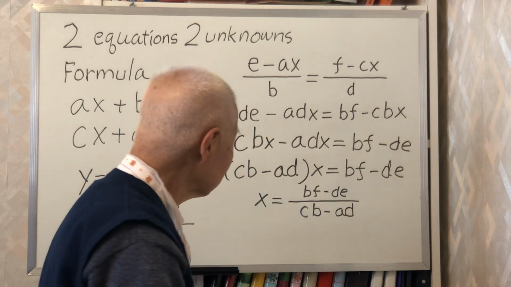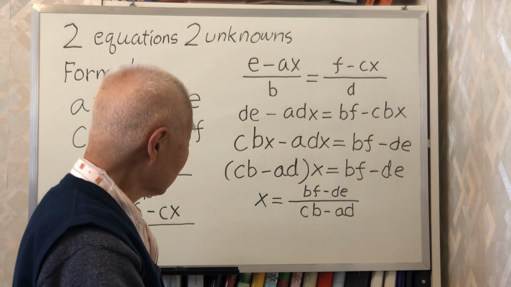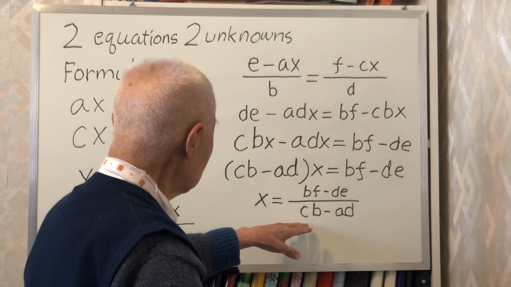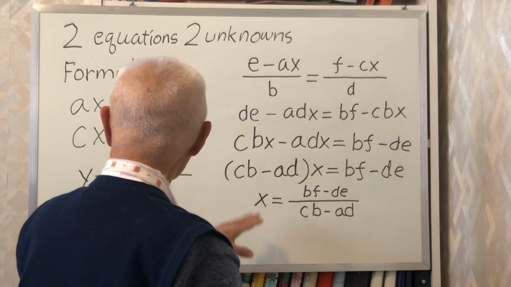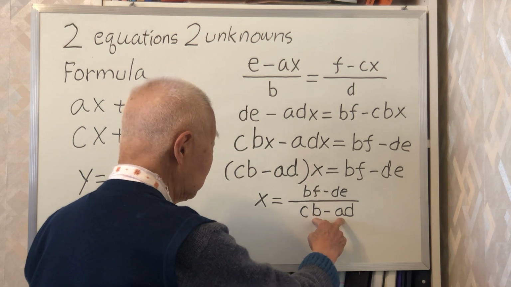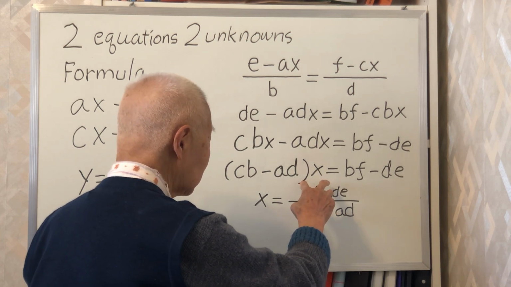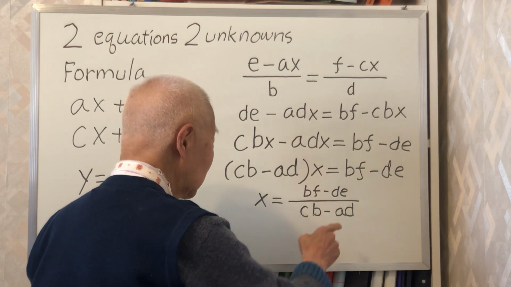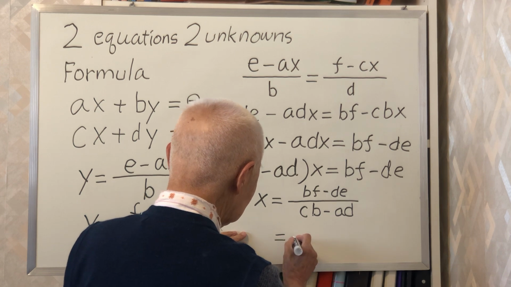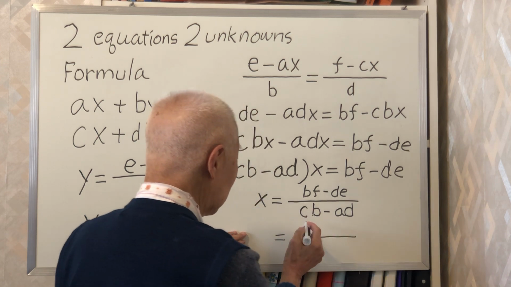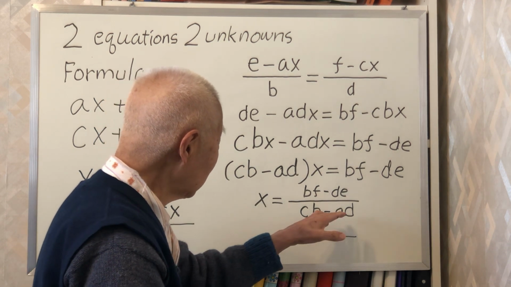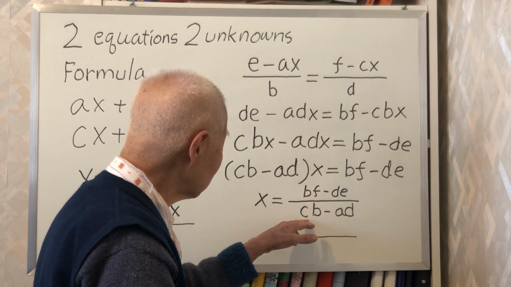Okay. So let me exchange the two terms here and exchange the two terms on top. That doesn't change anything, right? Instead of CB minus AD, I write AD minus CB.